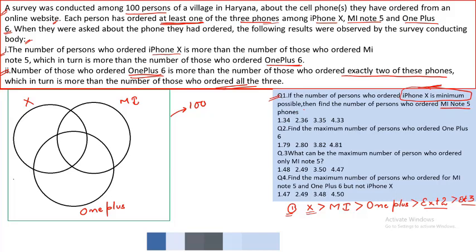Okay. So just by seeing these conditions, we have to satisfy the first 3 conditions and of course these 2 even, and we have a condition that iPhone X is minimum. If we divide 100 among the 3, what would it be? It would be 34, 33 and 33.